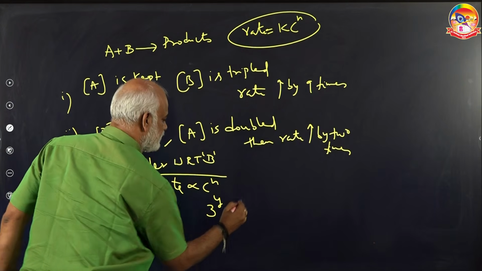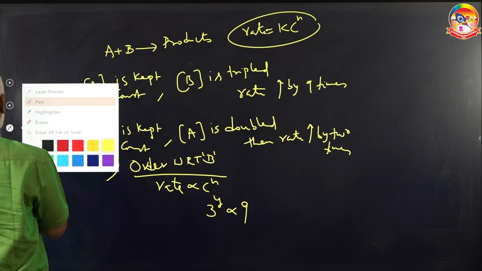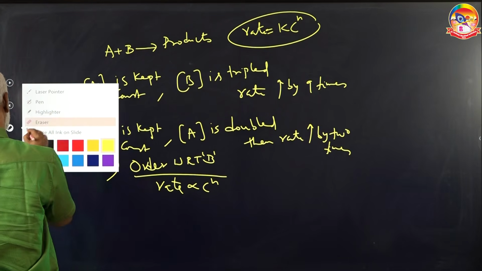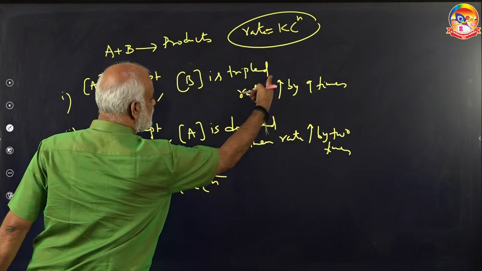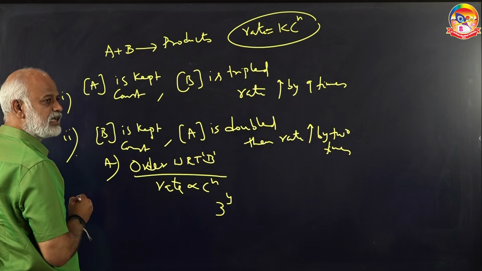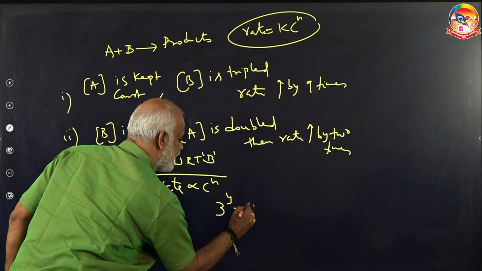What happened to rate? 9 times. So instead of that proportionality, I put equal to. How many times the concentration? 3. y is, let us say, the order with respect to B, is equal to rate how many times? 9.